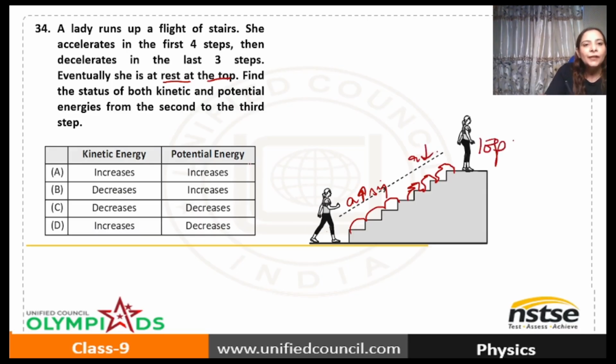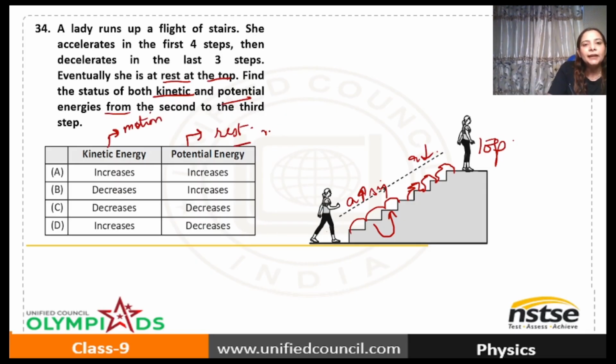Find the status of both kinetic and potential energies from the second to the third. In this case, we know that potential energy is the energy possessed by the body when it is at rest, and kinetic energy is the energy possessed by the body when it is in motion.